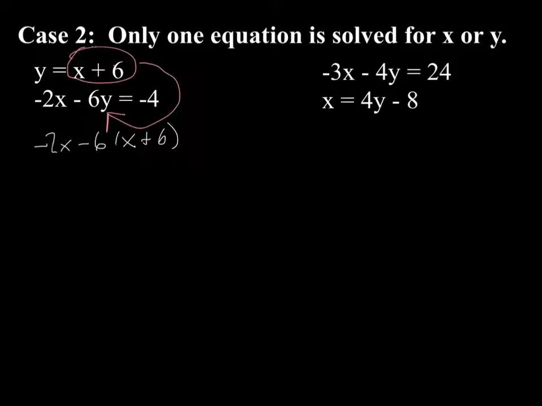We still have the equals negative 4. Then we need to distribute the negative 6 to both terms, and we're going to get negative 2x minus 6x minus 36 is equal to negative 4.